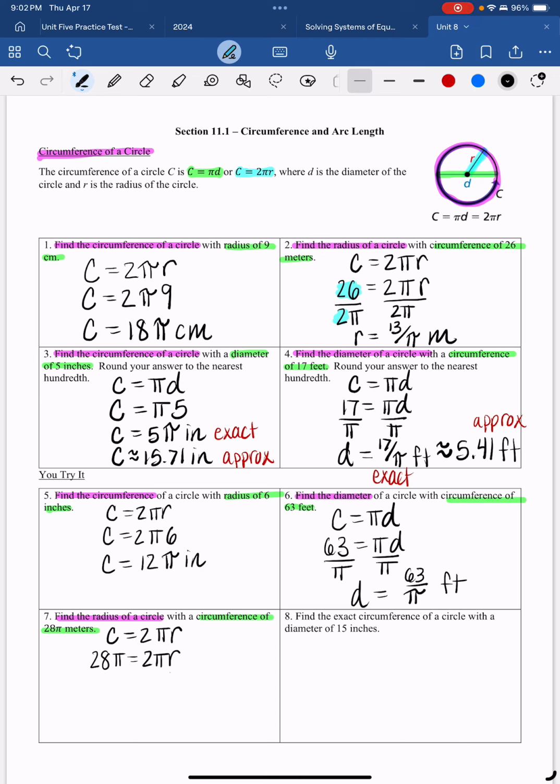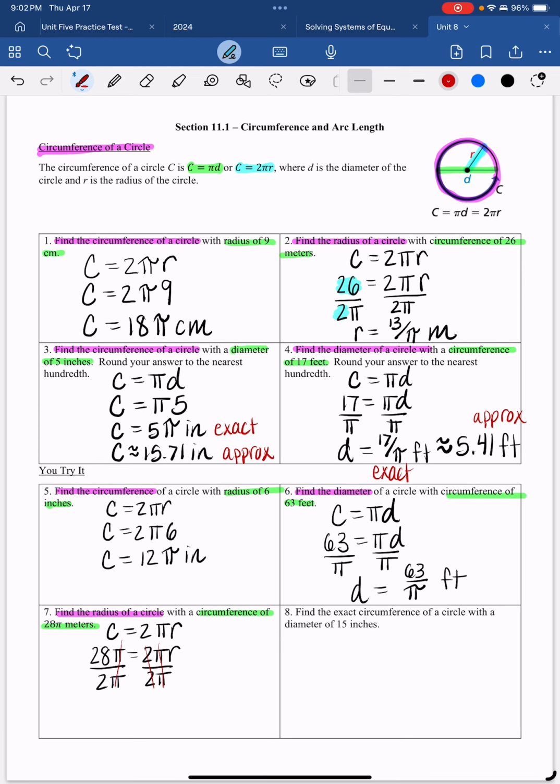We need to solve for the radius, so we're going to divide by 2 pi. And when we do that, the pi's divide out, the 2's divide out, and then 28 divided by 2 is 14. So we end up with radius equal to 14 meters.